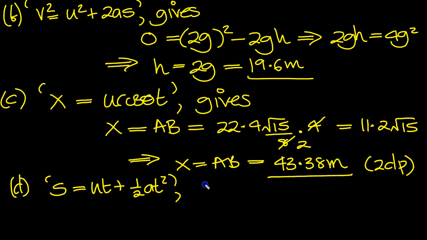Equation of motion there gives, so in the vertical direction the height is, so when is the height greater than 5? So this is the height here, UT. The initial velocity in the vertical direction would be 2g, because it's u sine theta, which we used before.